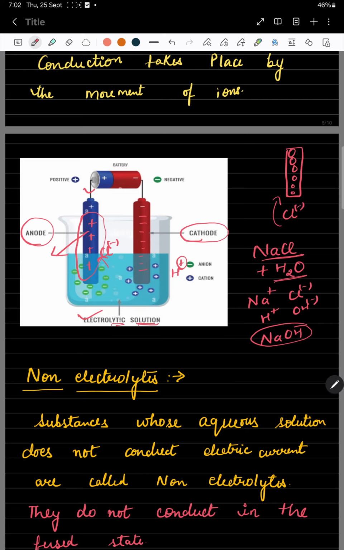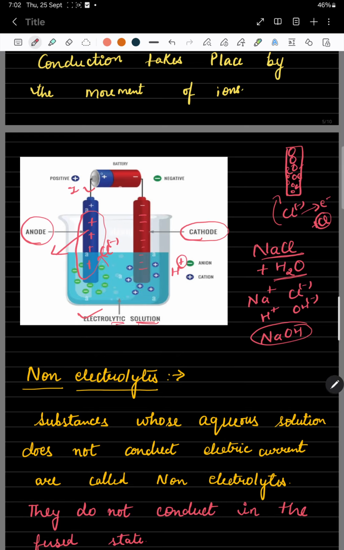After losing the electron, can we easily understand? After losing the electron, it will be converted into a chlorine atom. So what we are observing is that electrons are produced on this anode part. Now, when the current is passing from this positive terminal, the electrons are going through this electric wire from anode to cathode.